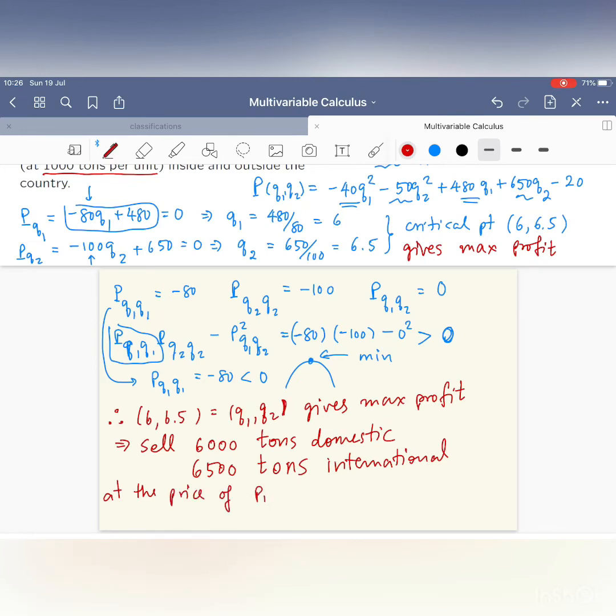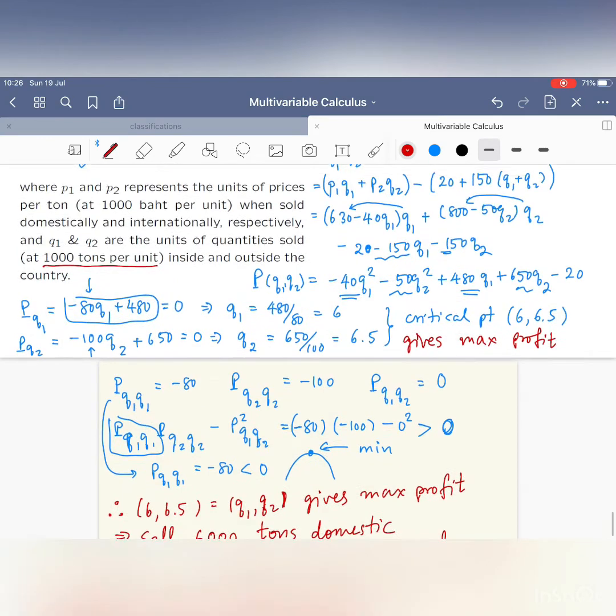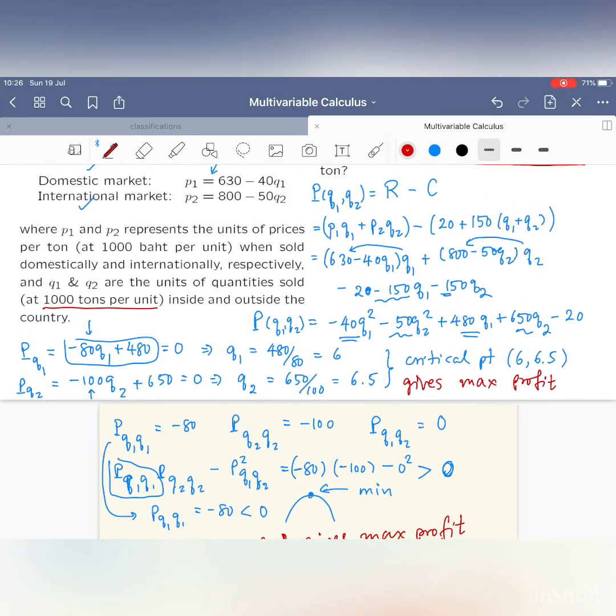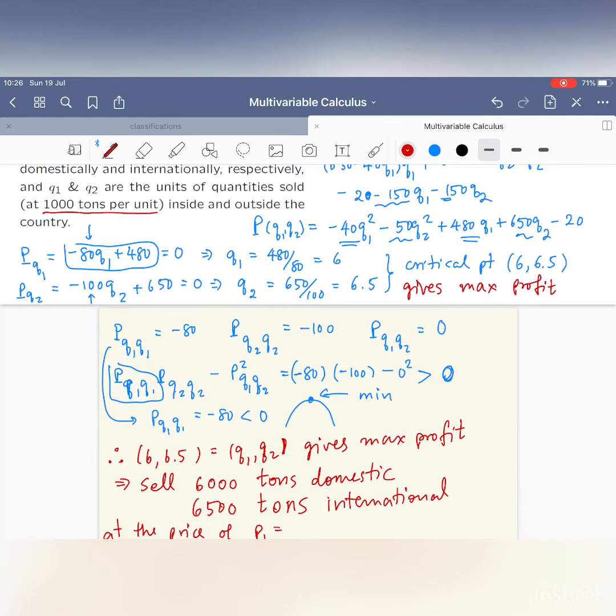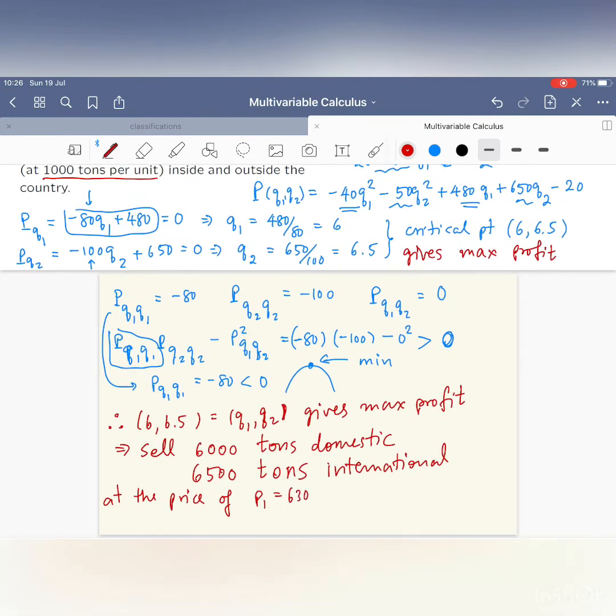Let's go to P1 again. Your P1 is 630 minus 40 Q1, and your Q1 is this number 6.